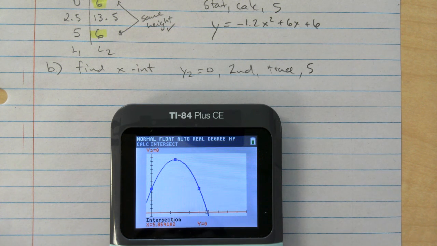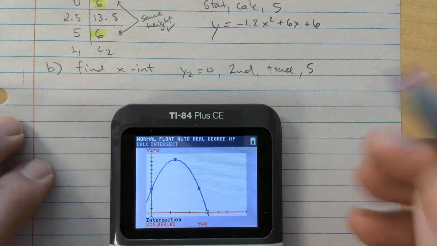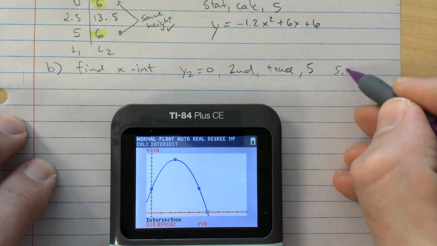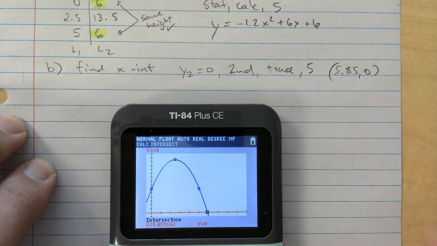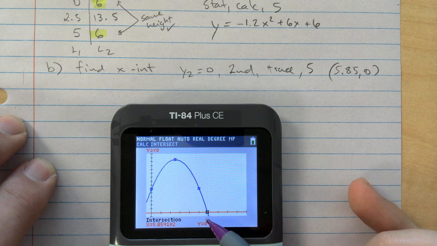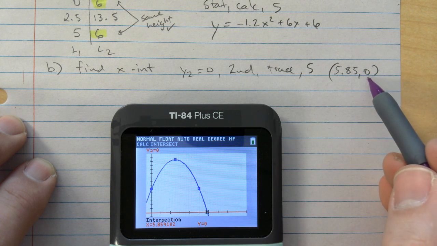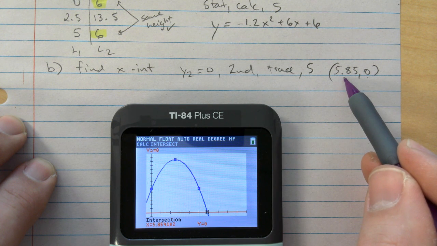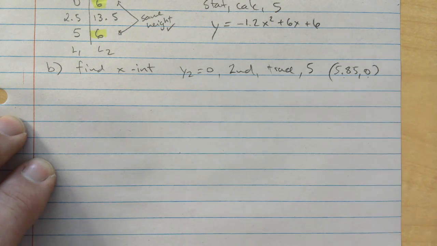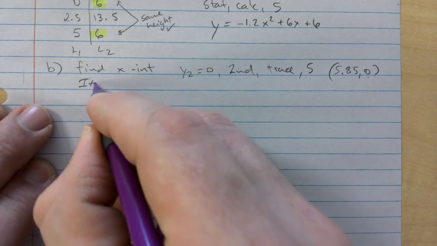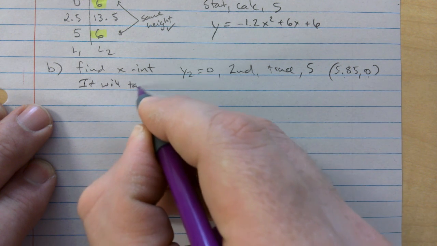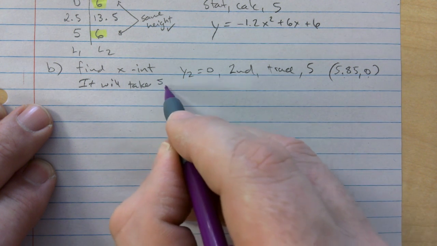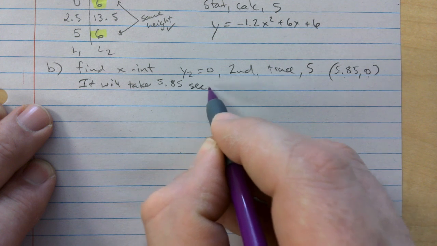So it's 5.850. So at that point, when the height is 0, that's when it's hitting the ground. So it took 5.85 seconds to do that. It will take 5.85 seconds.